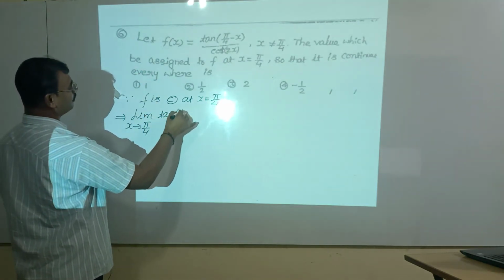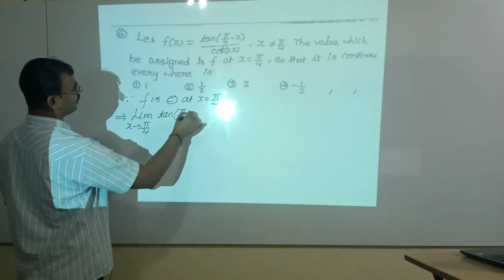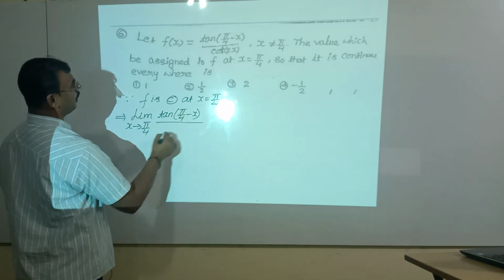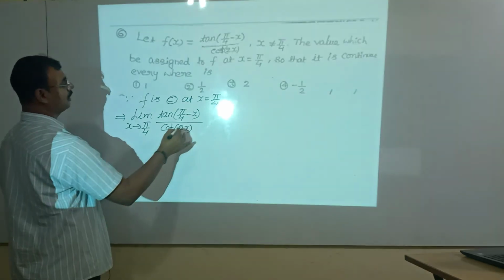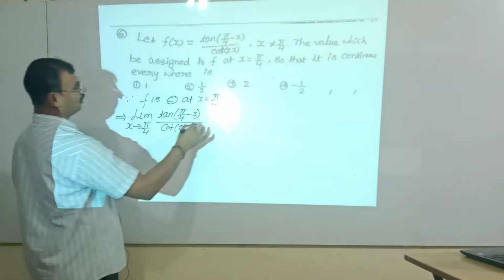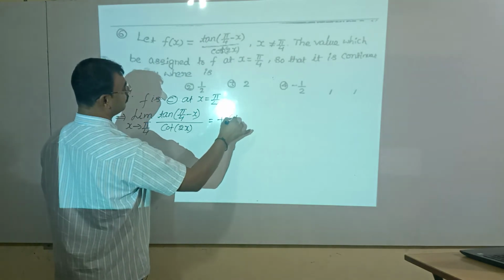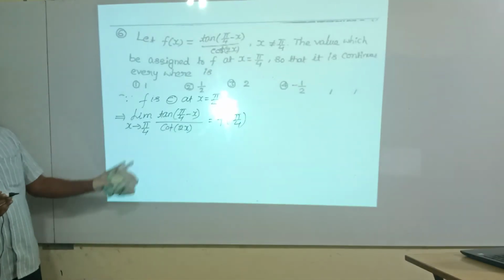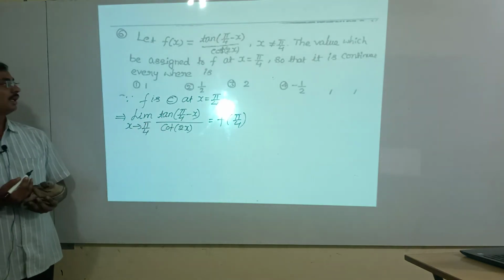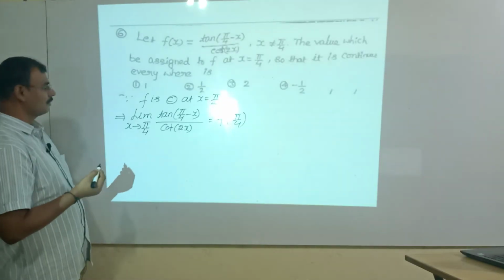Tan of pi by 4 minus x divided by cot of 2x, okay, is equal to f of pi by 4. This is the meaning: limit of f of x equals f of a.